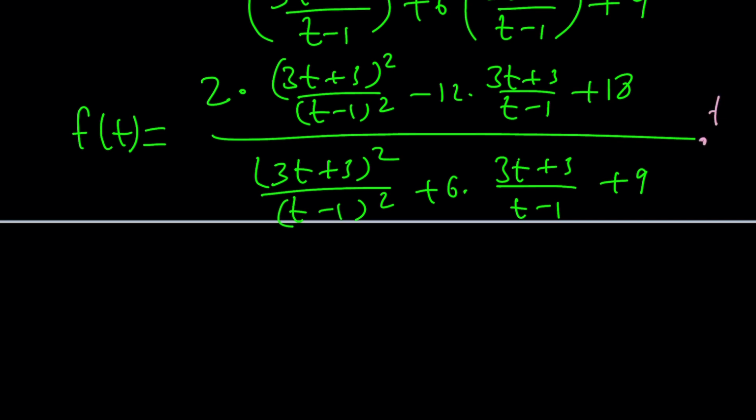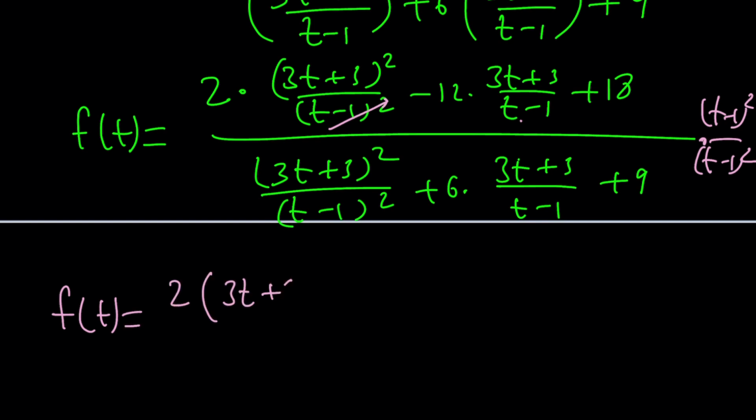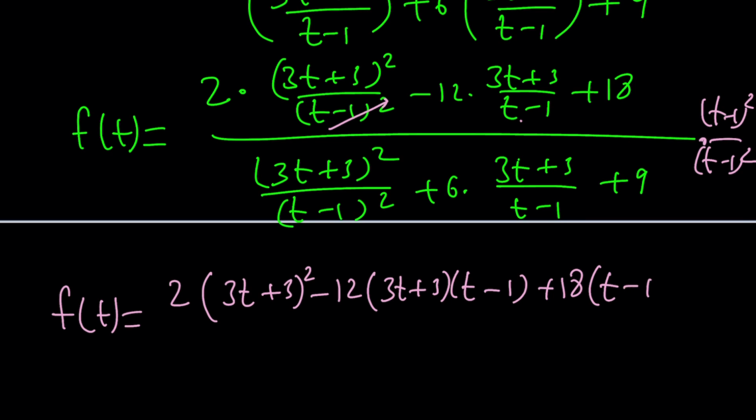So if you multiply by (t minus 1) squared, this is going to cancel out, this is going to cancel out, but it's going to bring another (t minus 1). So here's what the f of t is going to look like. 2 times (3t plus 3) squared, minus 12 times (3t plus 3) multiplied by (t minus 1), the extra one that comes from the square, plus 18 times (t minus 1) squared. And divide all of that.